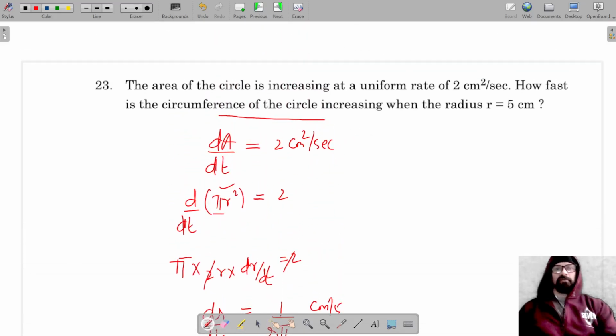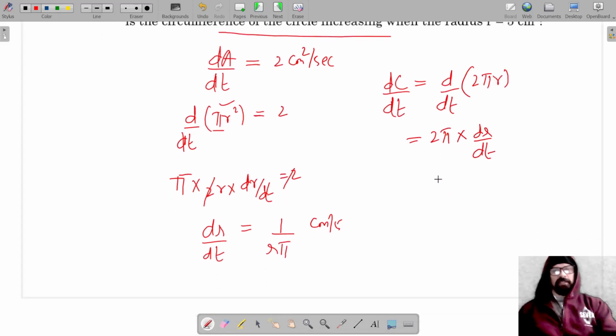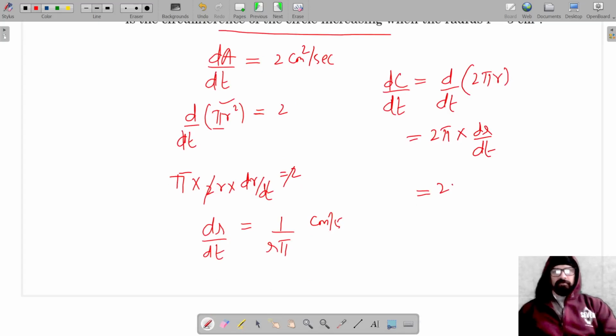We have to find the rate of change of circumference. So let's find the rate of change of circumference C, which is d by dt of 2 pi r. 2 pi is out, and this is dr by dt. So dr by dt is 1 upon r pi.